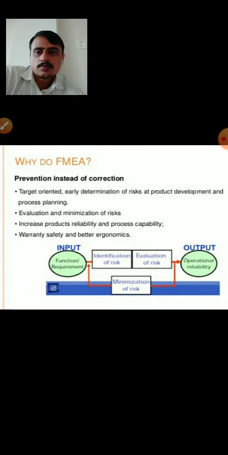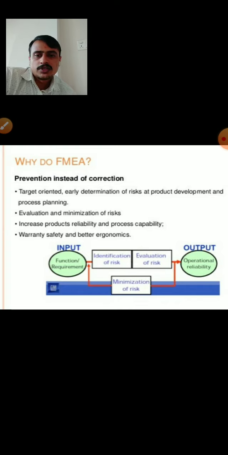Then here is the basic model of why we do FMEA: prevention instead of correction, target oriented, early determination of risk in product development and process planning, then evaluation and minimization of risk, increased product reliability and process capability, and warranty, safety, and better ergonomics.